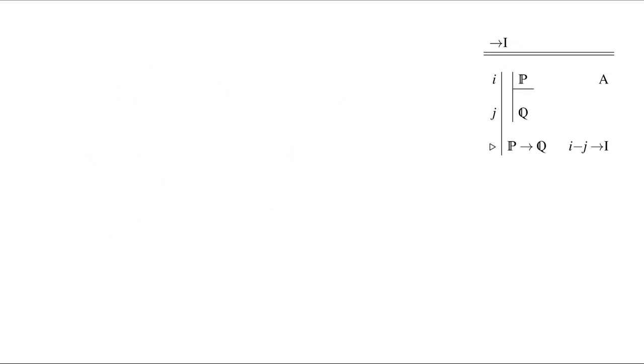Okay, the next rule we need to talk about is arrow introduction, or conditional introduction. Now this rule introduces something we haven't seen yet, and that is a subderivation. If you look at the rule schema, you see we've got our regular derivation line there. But this rule involves a subderivation with its own assumption and its own goal.